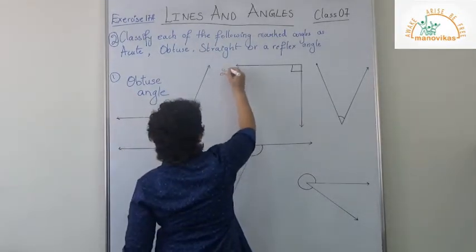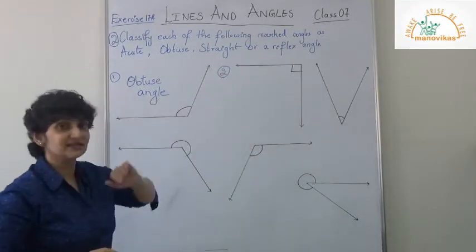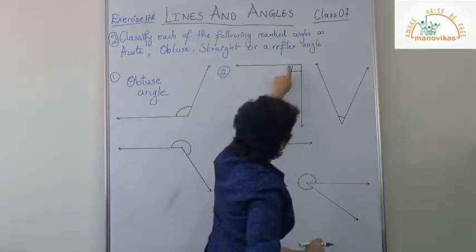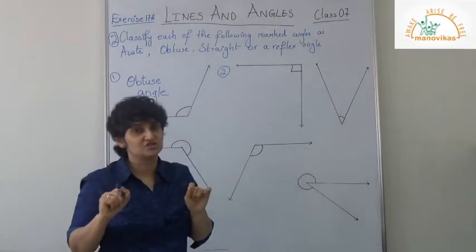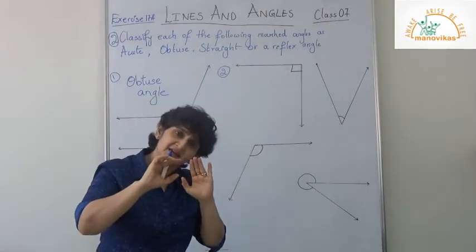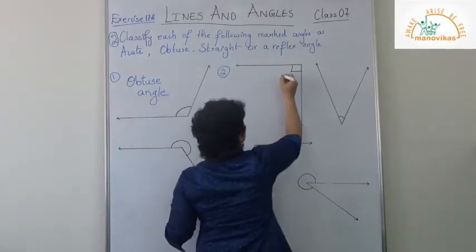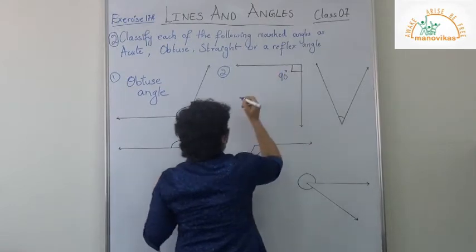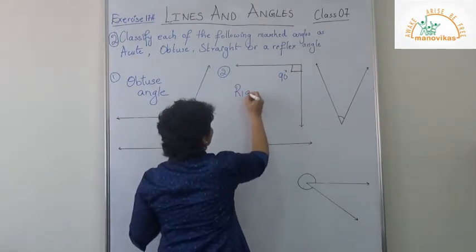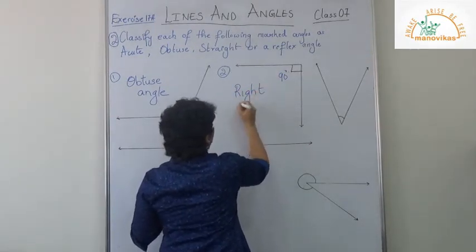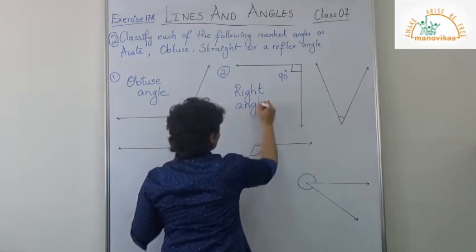Let's move on to the second one. What do you think this is? Now, when you have a square box, children, alright, and nothing is written, immediately you understand that this is 90 degrees. So, this is a right angle.